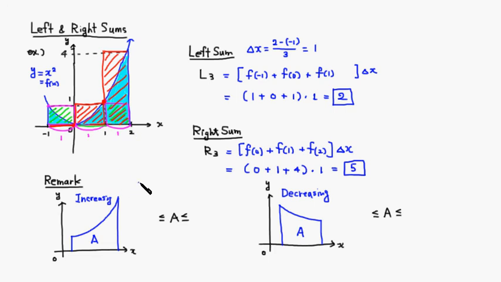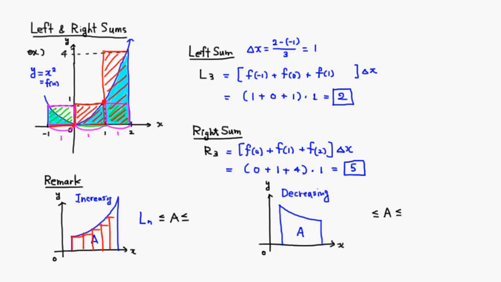Here's a remark. This graph wasn't increasing, but let's say you have an increasing graph. If you draw the left sum, using the rectangles here, you can see that the rectangle always misses some of the area, which means that a left sum is always an underestimate, smaller than the actual area, if you have an increasing graph.